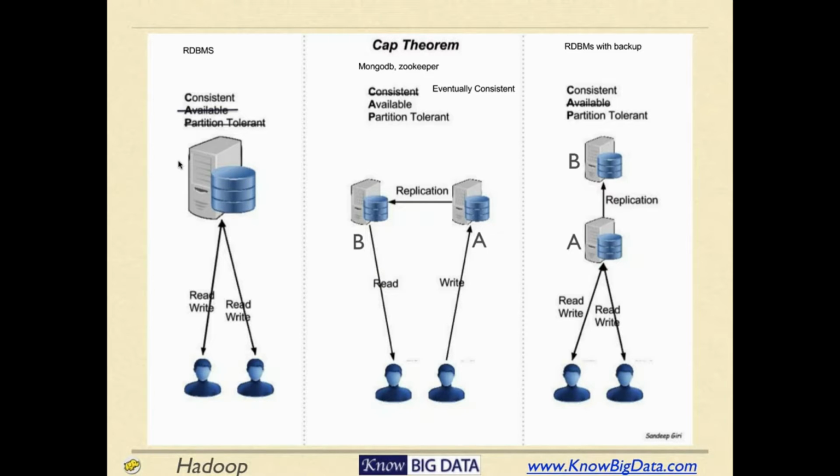Why? Because there will be some time lag between data reaching from A to B. Users write to A, then the data goes from A to B, or if there are more servers like C or D, then the data goes to B and C, and users read from A, B and C, and so on.